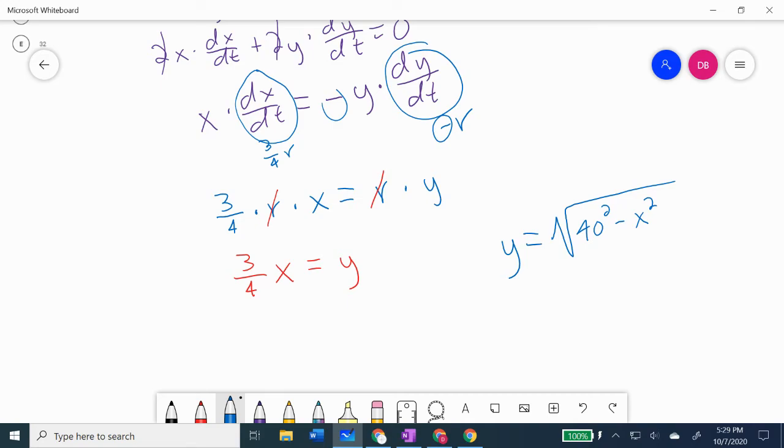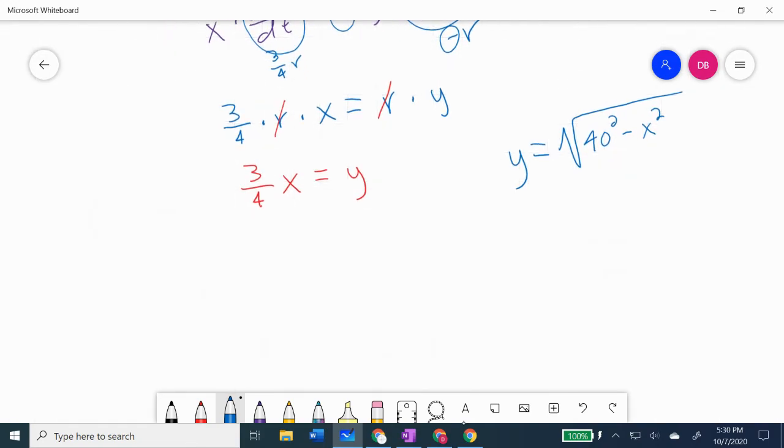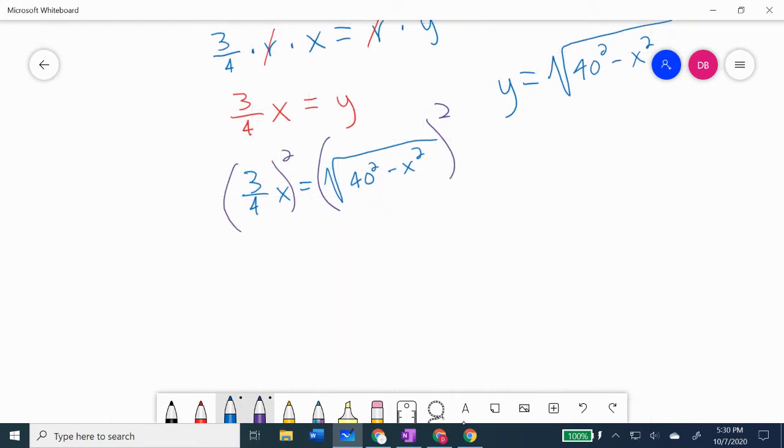Now I'm going to bring that over to the relationship I have. 3/4 x is now equal to the square root of 40 squared minus x squared. And in order to solve this equation, I need to square both sides. That's going to give me 9/16 x squared being equal to 40 squared minus x squared.